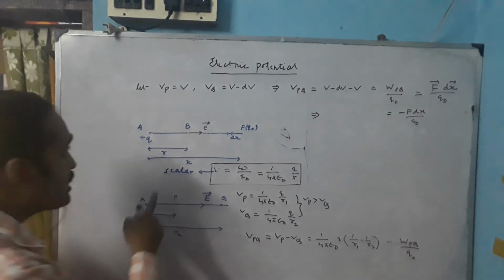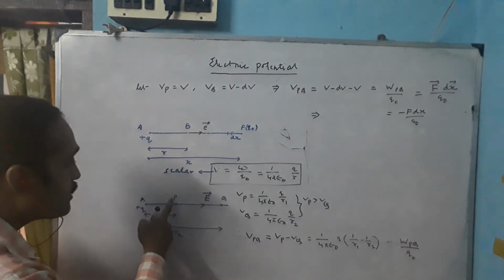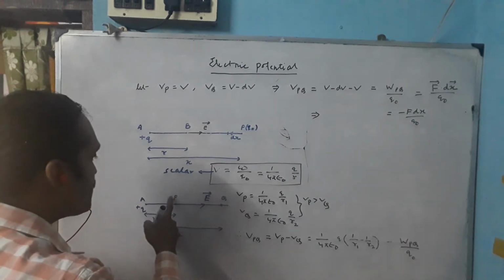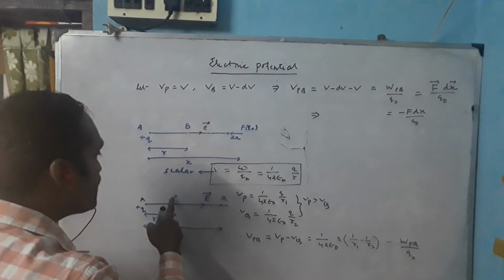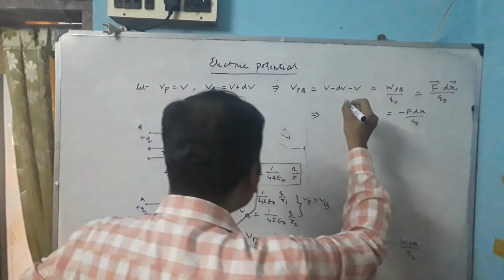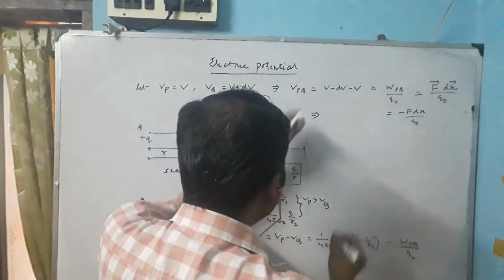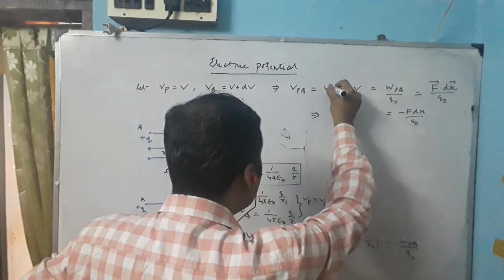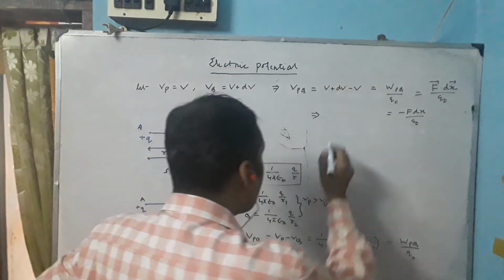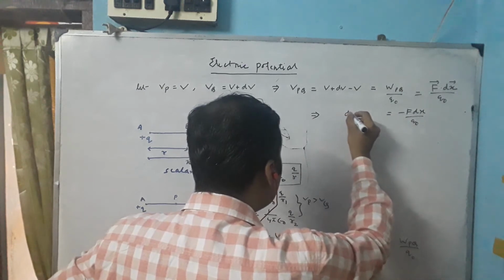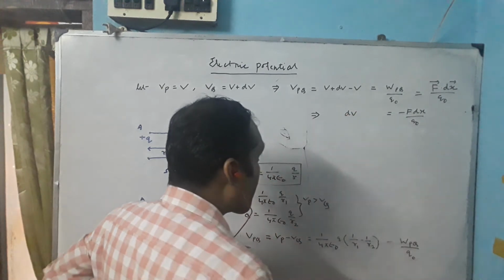If you consider the magnitudes of the potential at P and Q, I suppose this will have more potential than this, so it's better to put plus. Then the difference will be like this. So V goes out, we are left with dV.